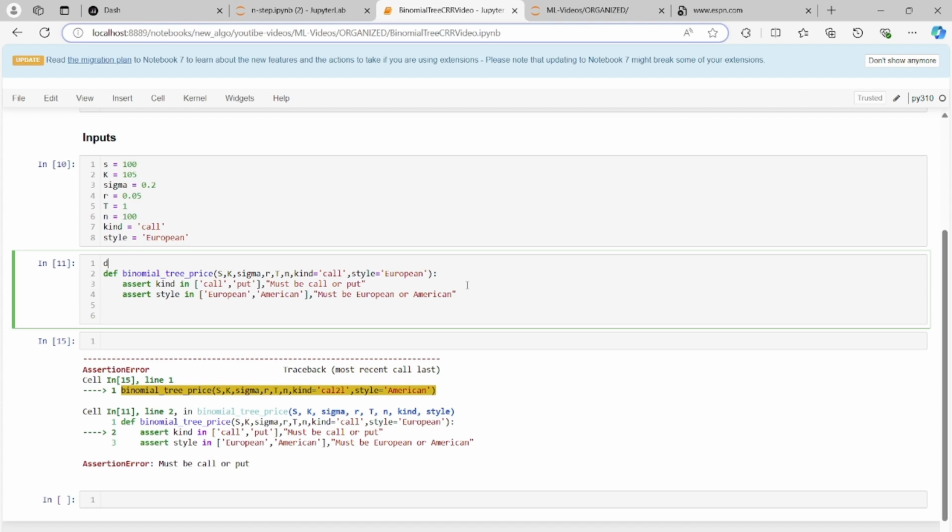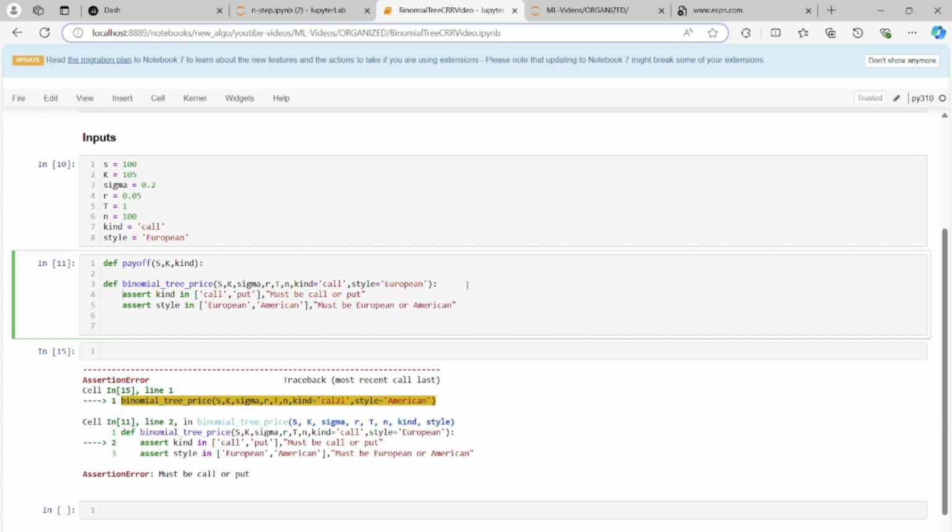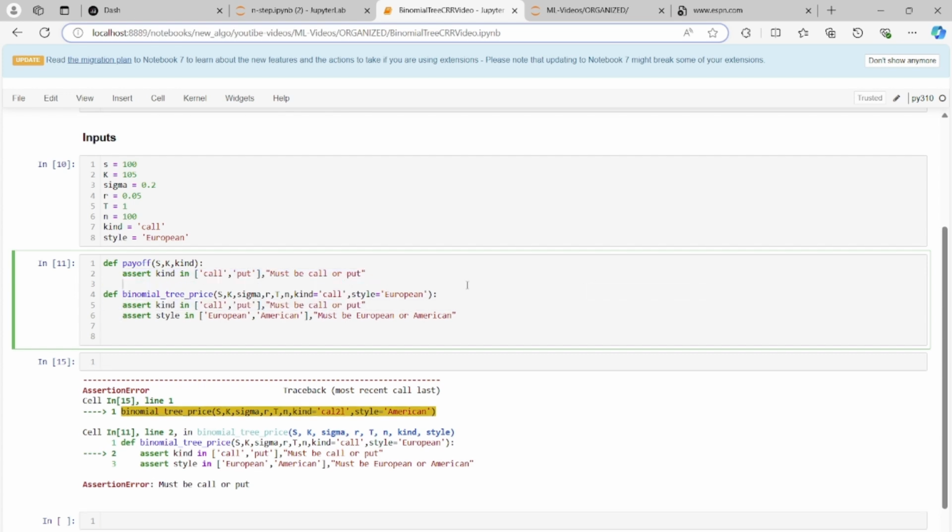Okay, so we know the payoff function. Let's define the payoff function. So def payoff, and we can make it s, k, and then kind. Again, we're going to double assert. We don't need this twice, but we'll put it here anyway. So if kind equals call, then what's the payoff going to be?